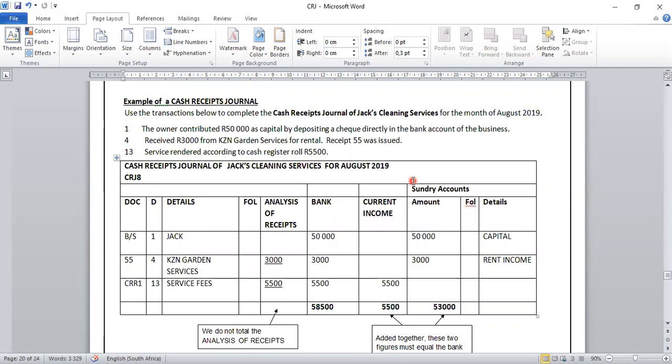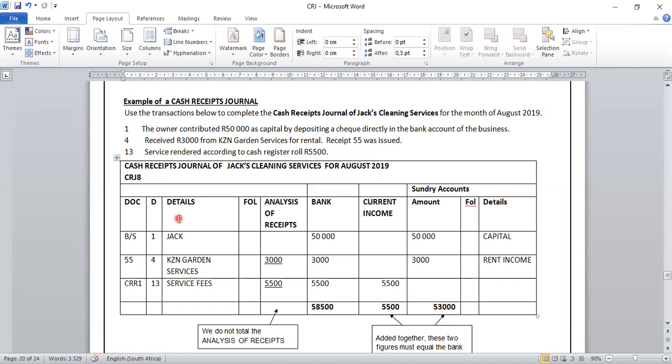So firstly, we have to write our heading, which will be the name of the journal. In this case, it's the cash receipt journal. And we must mention the name of the business, which is Jack's Cleaning Services for August 2019. So we are doing a journal for August 2019. We have our subsidiary book number here, which is 8.